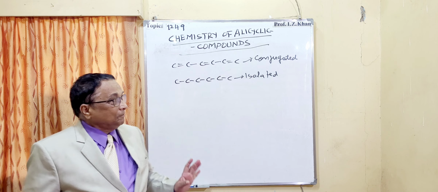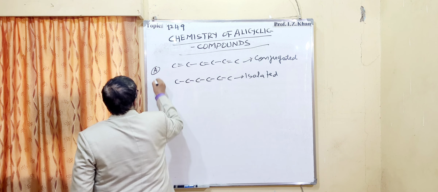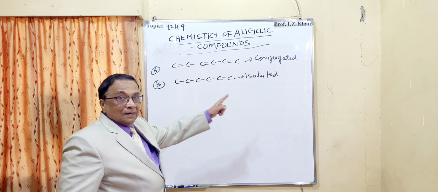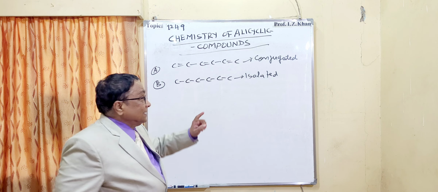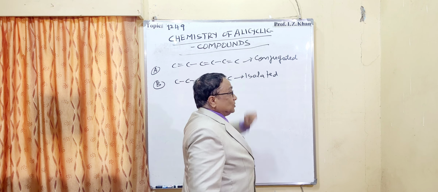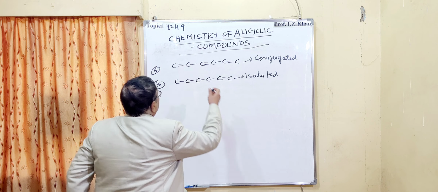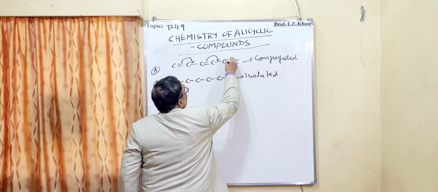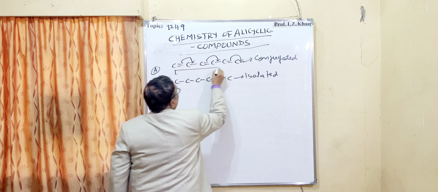Now, here, in the case of A carbon and B carbon, in the case of A compound, there is alternate double and single bond, double, single, double, single, double. So it means conjugation is there, and when there is conjugation, it will provide the electron to move from one carbon to other carbon. And in this way, there will be formation of an electronic road.